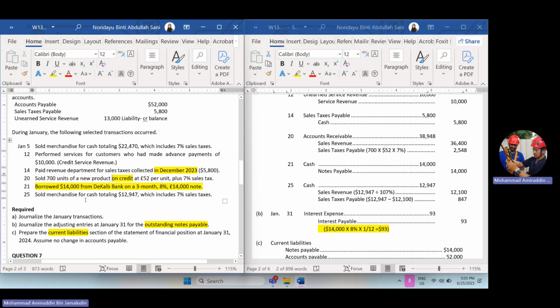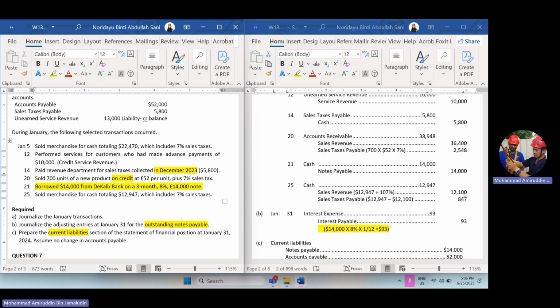So merchandise for cash totaling 12,947. So you collect 12,947, debit cash or bank. And then your sales revenue should be 12,947 divide by 107%, or you can go by cross multiplying. Okay, you will get 12,100, the 100% revenue.